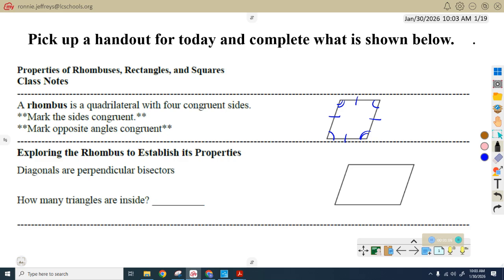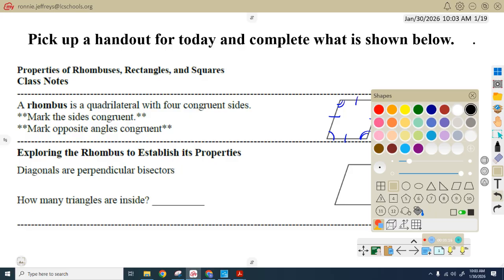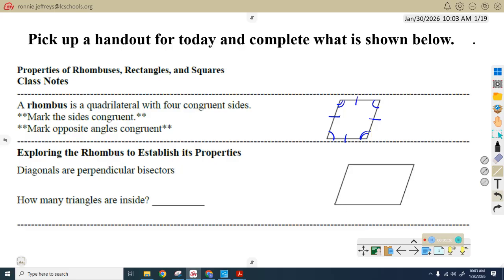Now the diagonals are perpendicular bisectors, and what this means is, let's see if this will work today. No. All right. It means that it cuts that.